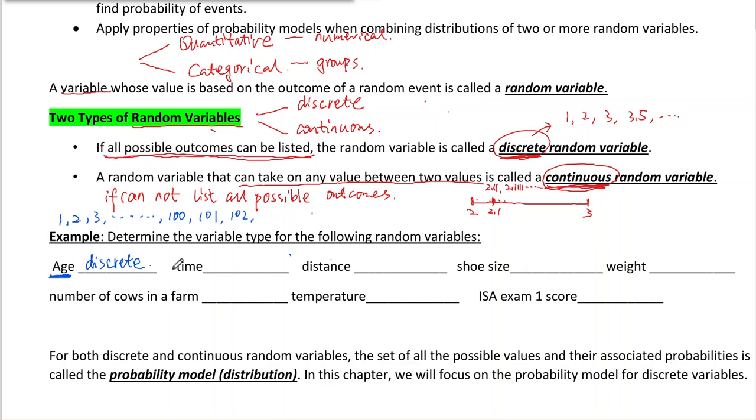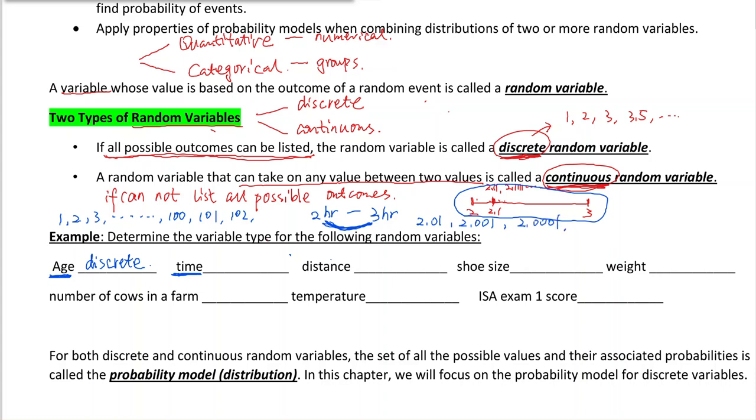All right, now let's look at the time. Let's say from 2 hours until 3 hours. In this range, there are many possible times between 2 hours and 3 hours. We can have 2.01 hours, 2.001 hours, 2.0001 hours.